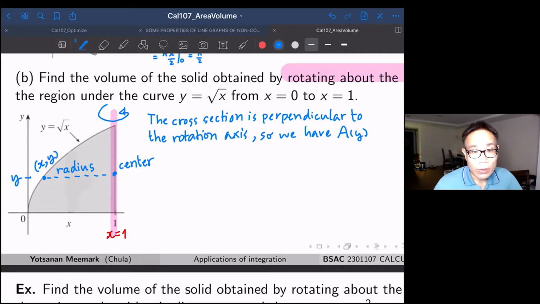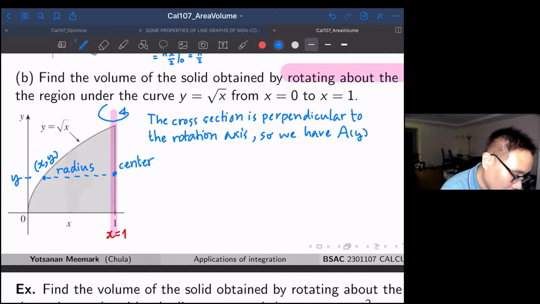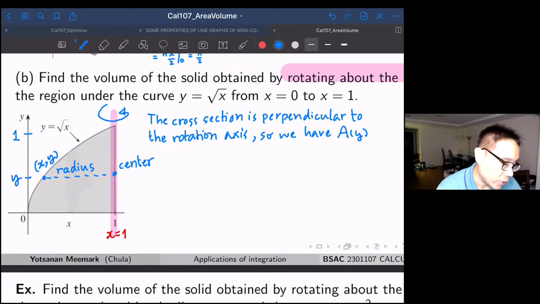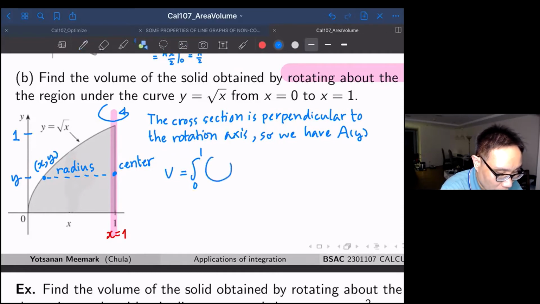See? You see that x equal to 1, y must be 1 also. So the volume is equal to the integral from 0 to 1 of the blue circle. Okay, so if you have the blue circle and then you dy.